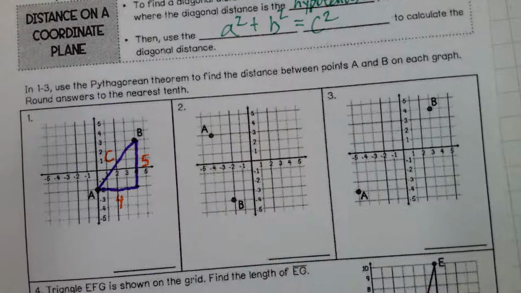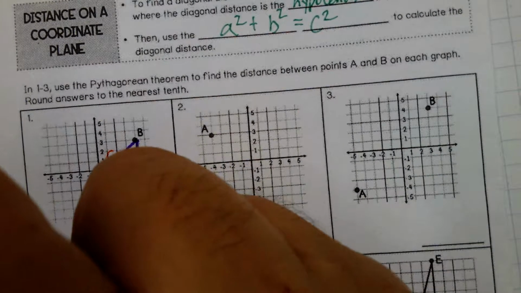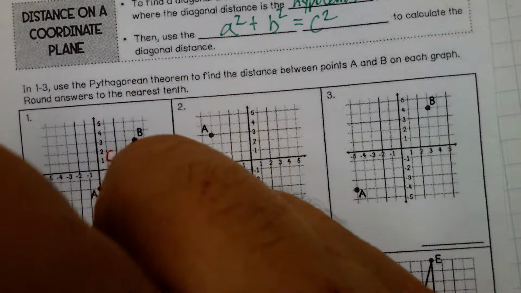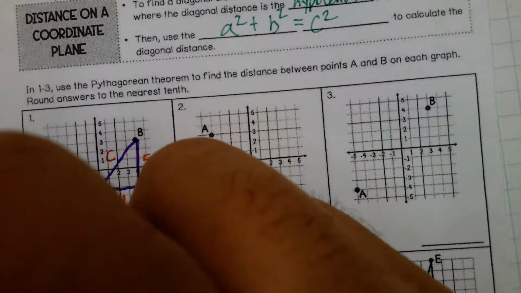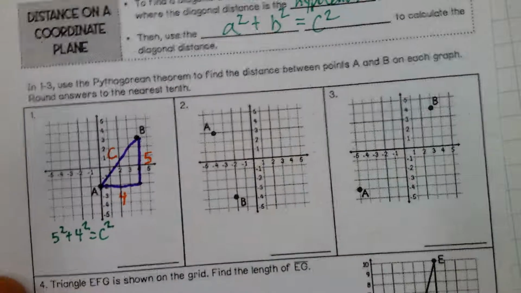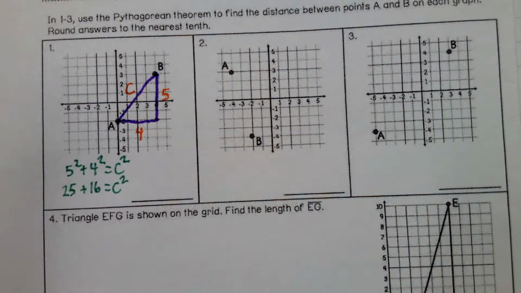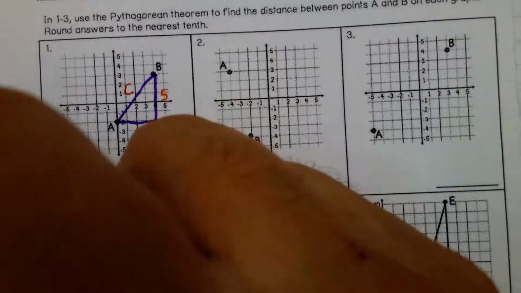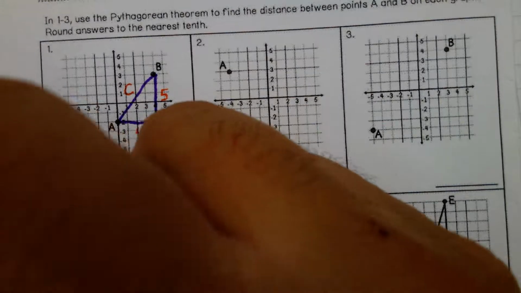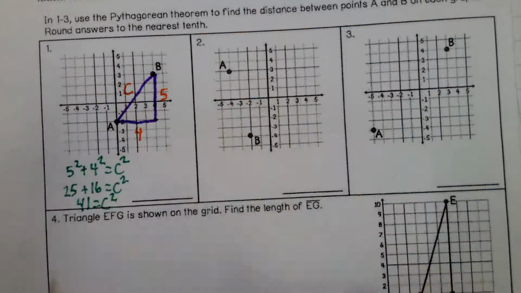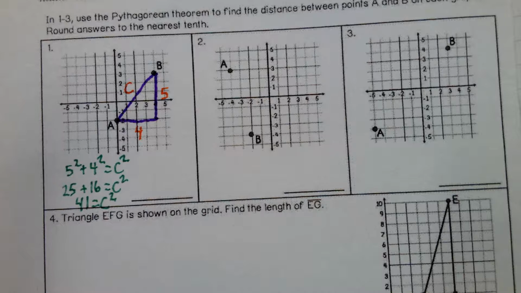And now we can just set that up. I'm going to get 25 and 16 equals C squared. And that's 41. So that means, what is C going to be?